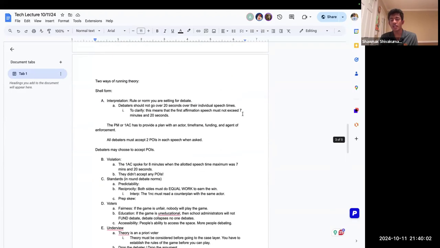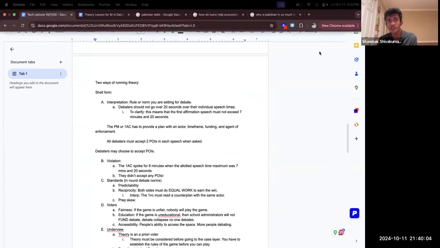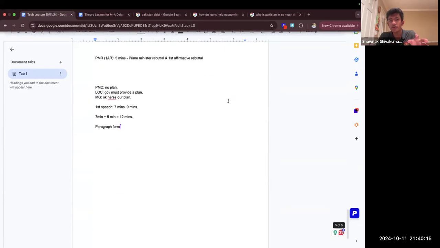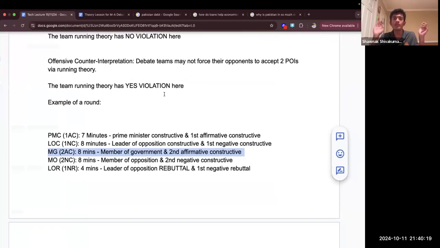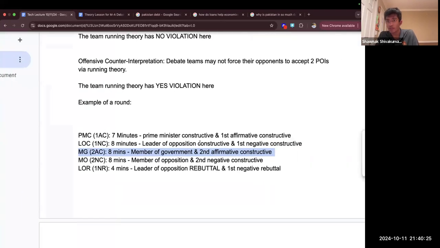What will happen is that in the negative speech, you'll read theory. If you read theory, the MG is usually flustered, right? What they do almost 100% of the time is say, this is stupid, we don't really care, moving on to case, which is what everyone does.